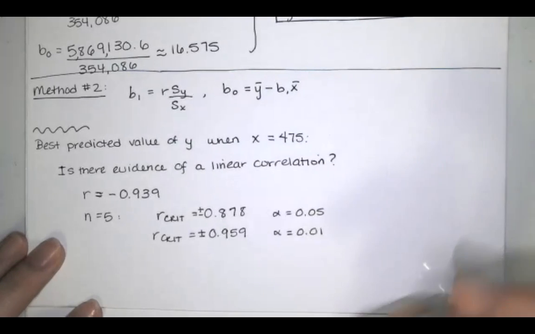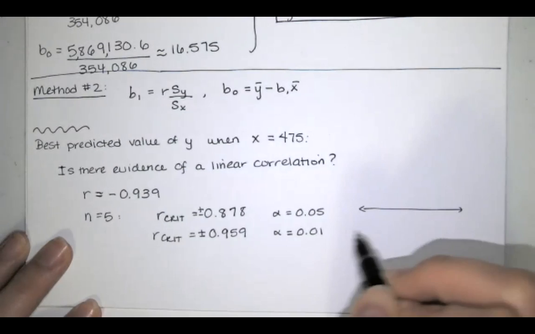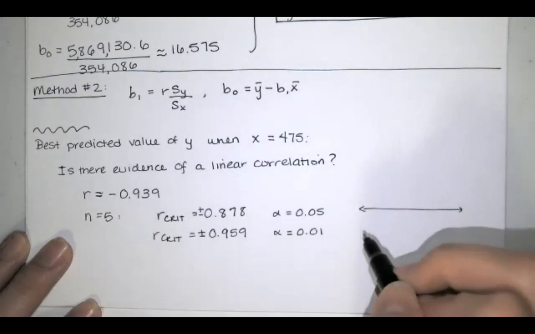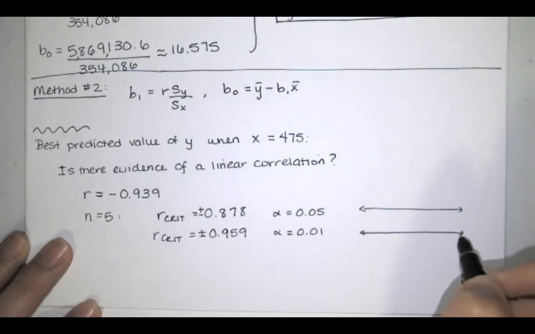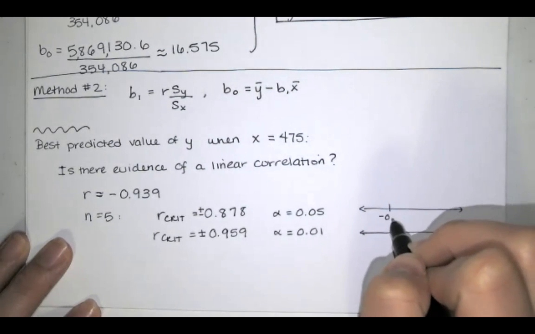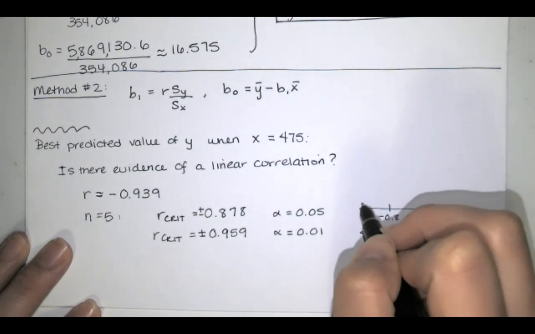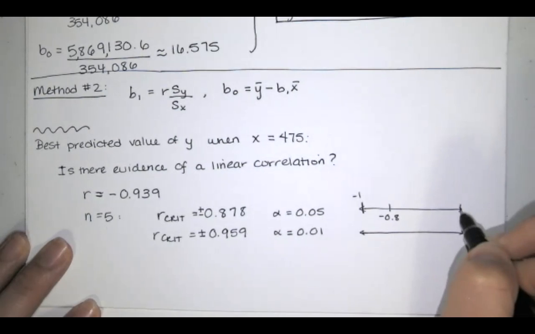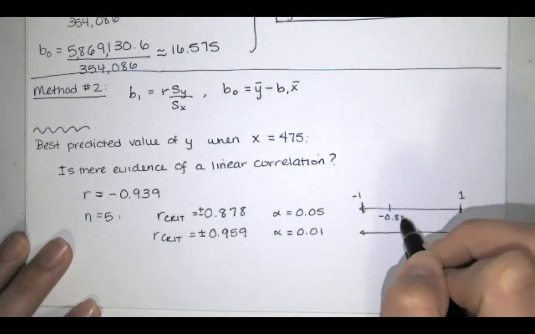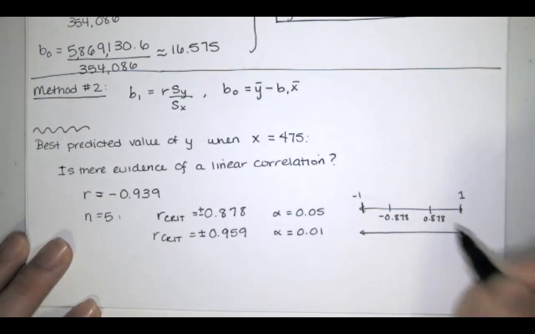Because remember how this works. We're taking our test statistic R and we're comparing it to these critical values of R. So at alpha equals 0.05, we're looking at this interval from -1 to 1, and we've got -0.878 here and positive 0.878 here.